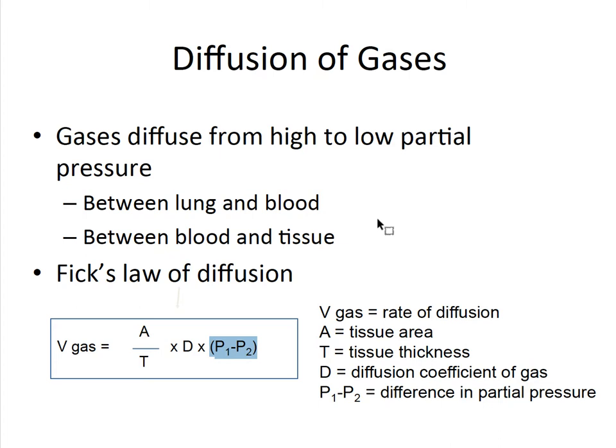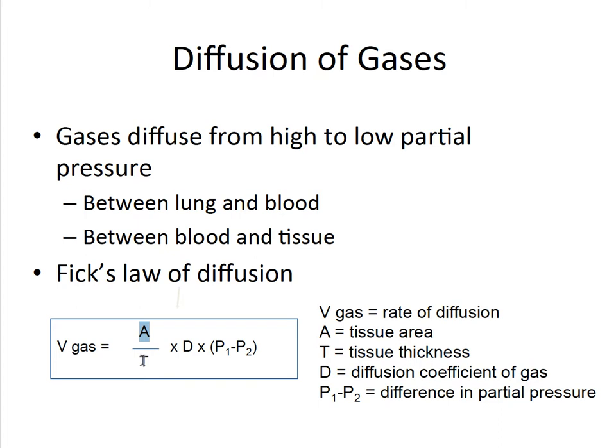And so let's think about this equation. If we would increase the area of a membrane, what would happen to the rate of diffusion? Well, since it's a direct relationship, as area goes up, the rate of diffusion would go up. If we would increase the thickness of a membrane, and let's think about the lungs, sometimes in a disease condition or an immune response, the lung tissue can become more thick.